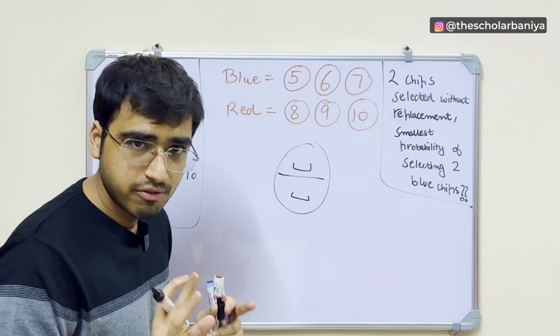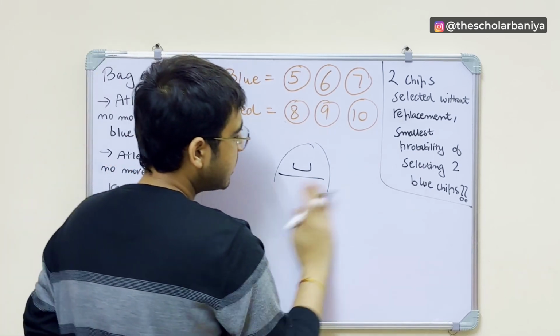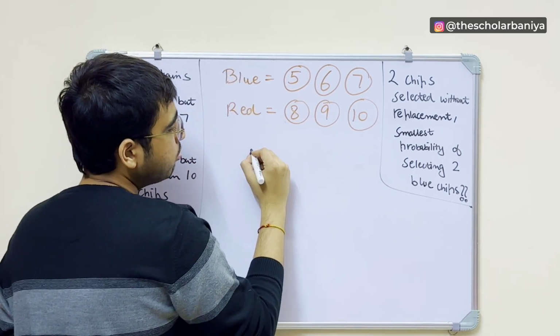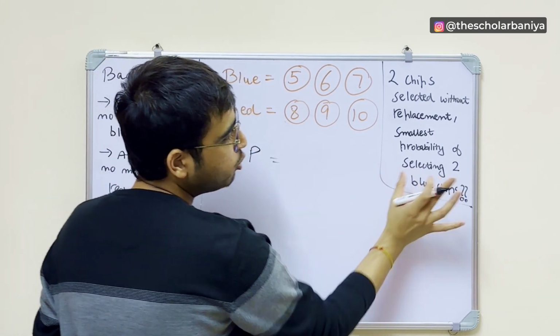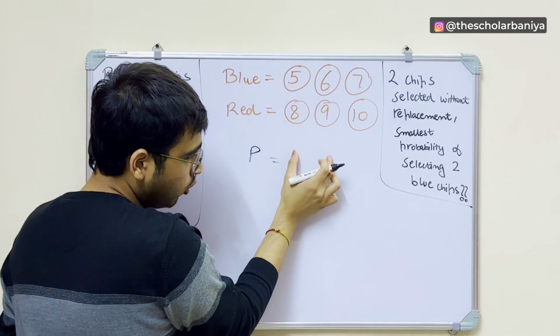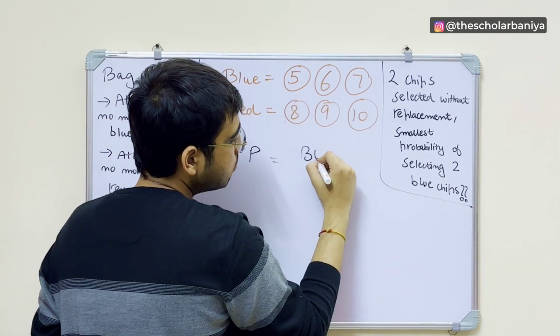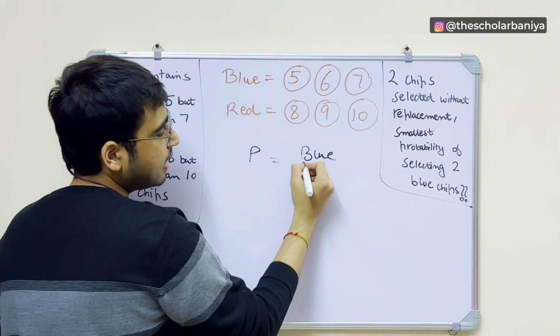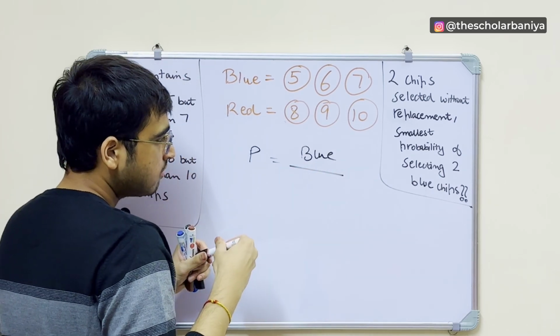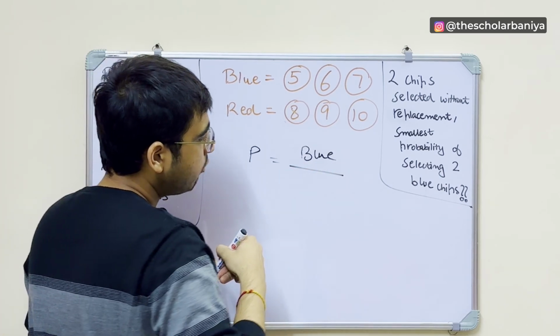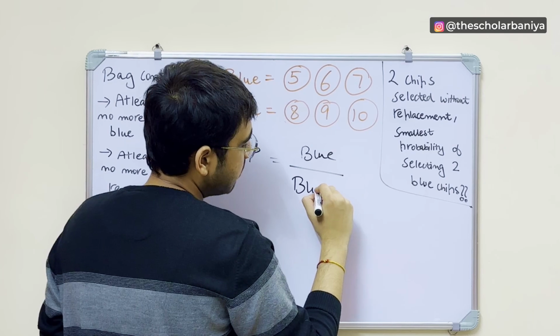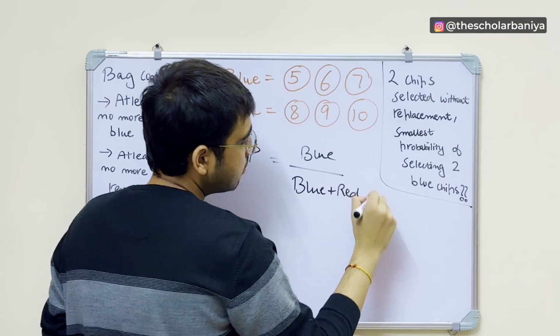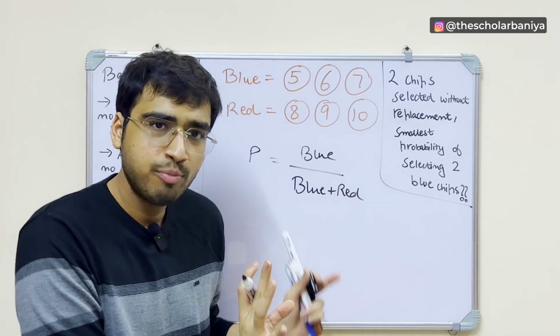I'll repeat myself once again. When you have to find the probability of the blue chips, over here in the numerator, what will come? Blue. And in the denominator, it will be blue plus red. This is the basic kind of probability.